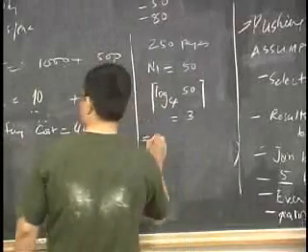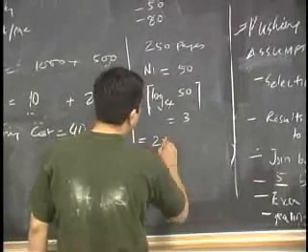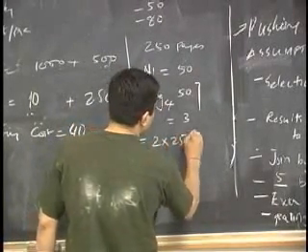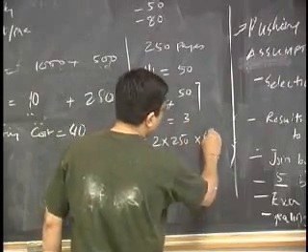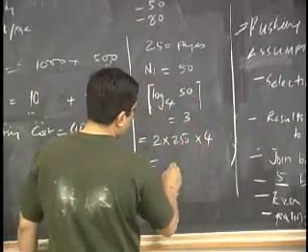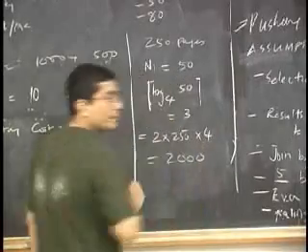And so our sorting cost is going to be 2 times 250 times 3 plus 1 equal to 4. That is equal to 2,000.